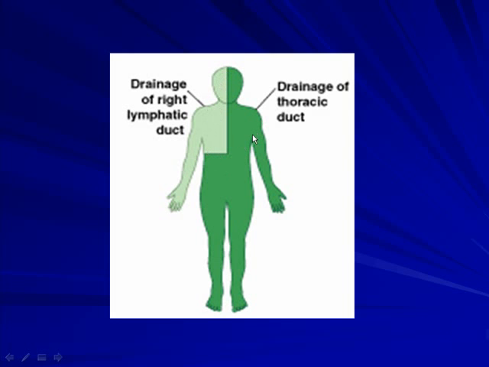The thoracic duct drains lymphatic vessels from the left side of the head, the left torso of the body or left chest, the left arm, and all of the lower portion of the body below the level of the diaphragm. So you should be familiar with the drainage aspects of the right lymphatic duct and the thoracic duct.